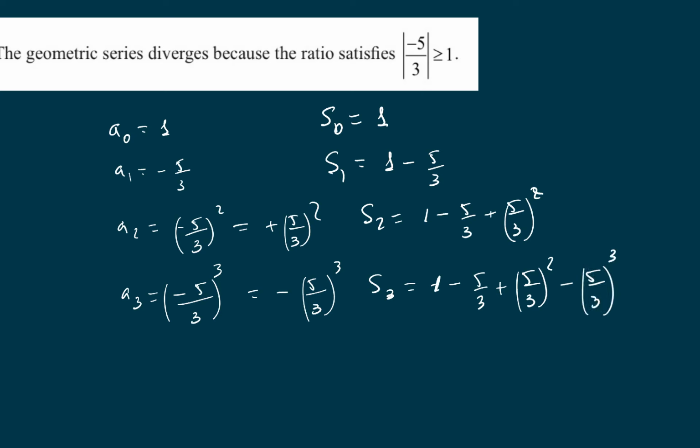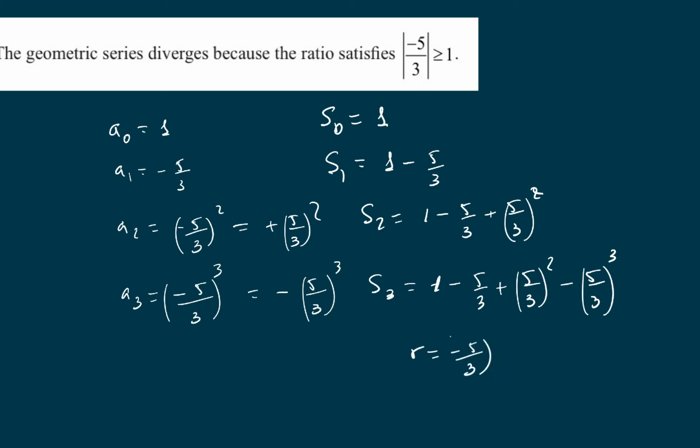So now we can do two things. We can keep going and making the sum and realizing that the sum will not converge to any number, it will go higher and higher and higher, or we can say the following thing. This is a geometric series where the r is minus 5 divided by 3.